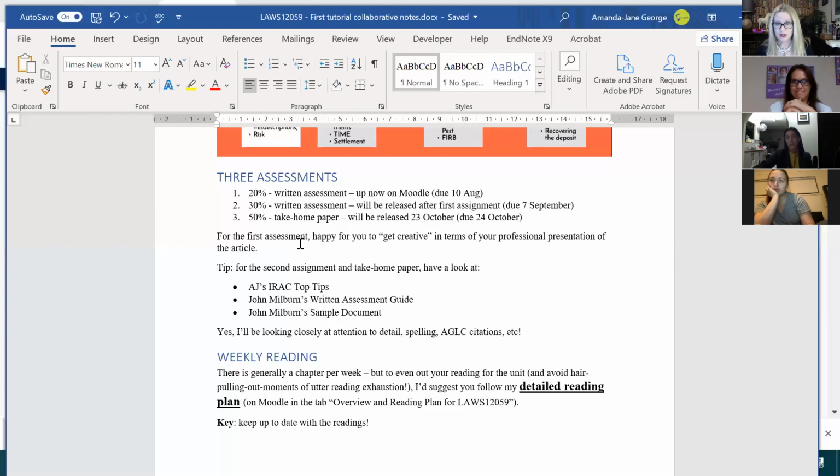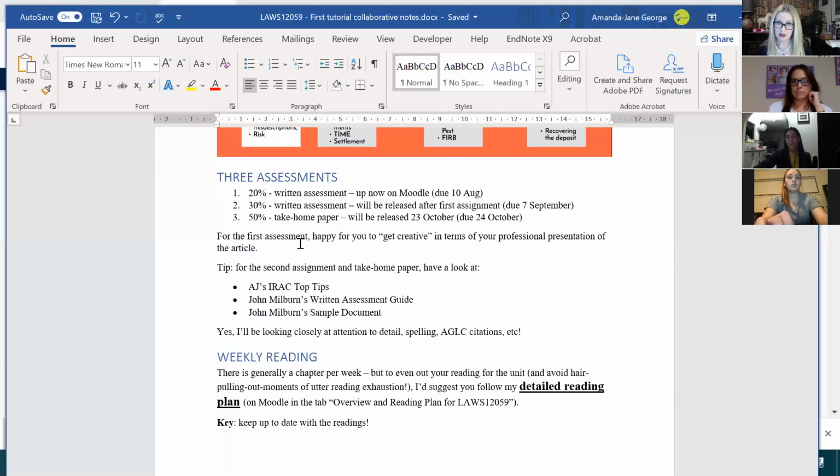So to avoid those hair pulling out moments, if you follow my detailed reading plan that I put on Moodle, I think you'll be right. If you follow my plan, you should end up with around about 50 odd pages of reading a week. Don't just leave it to the last minute.